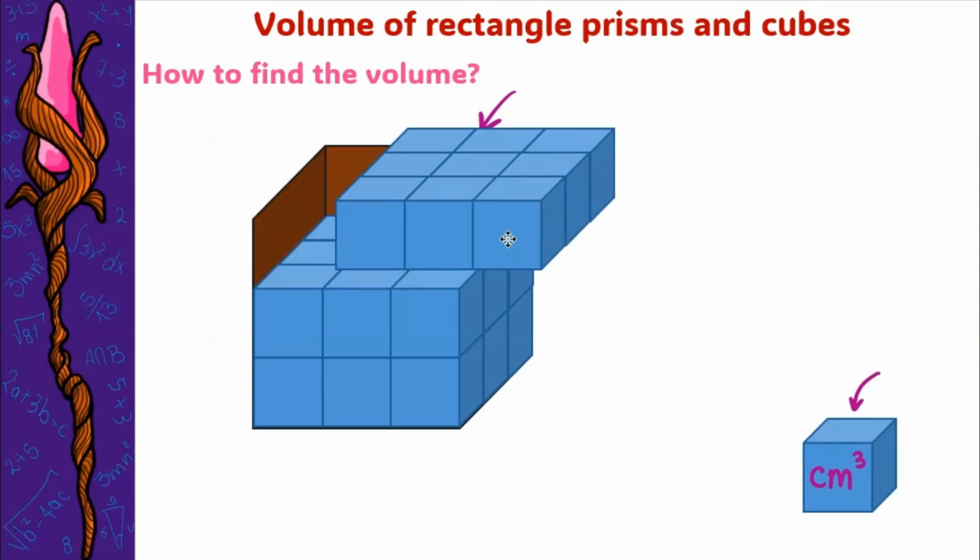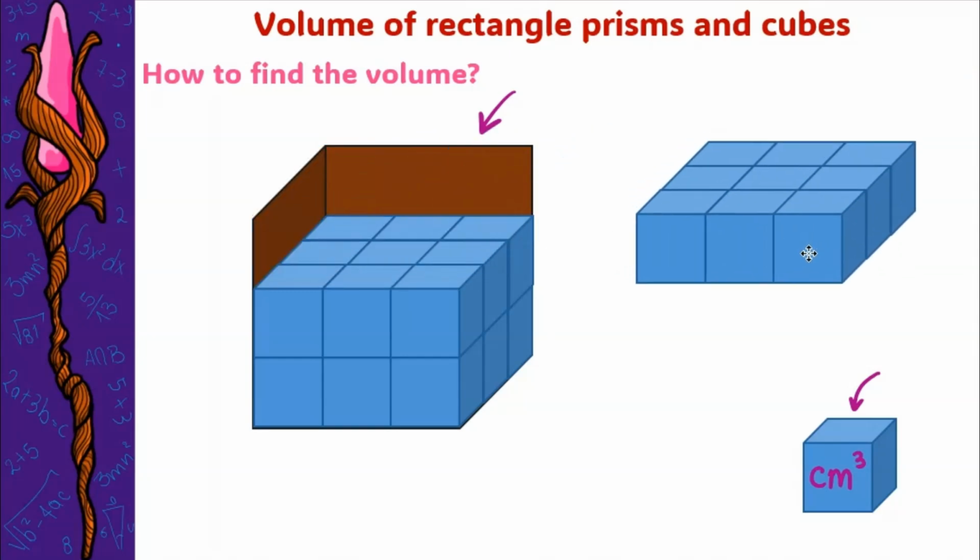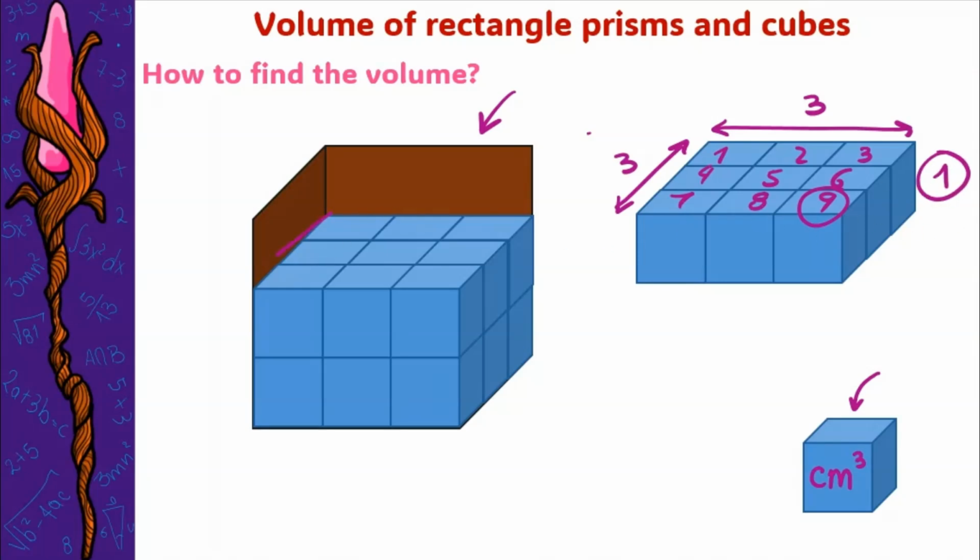Let's count how many cubic centimeters there are in each layer. 1, 2, 3, 4, 5, 6, 7, 8, and 9. And yes, you're right, we could have just multiplied 3 times 3 to find the 9. Now let's check how many layers we have. This one is 1. This one is another one, so 2. And the one at the bottom is the third one, 3.